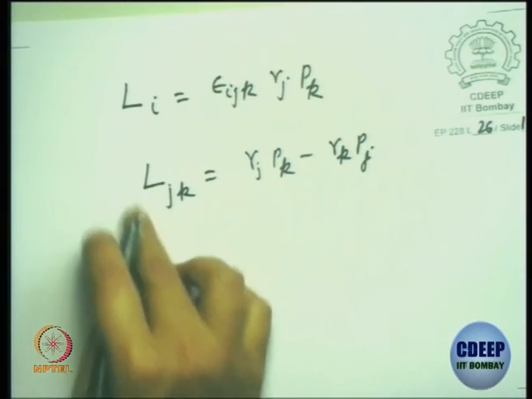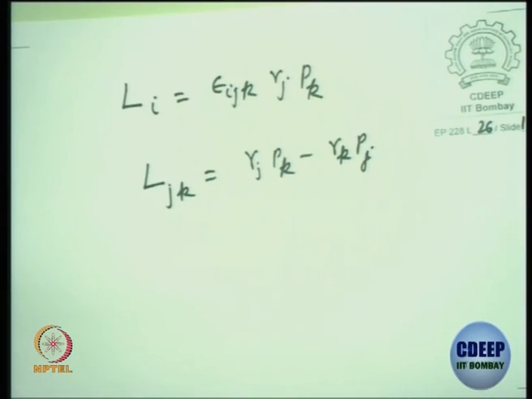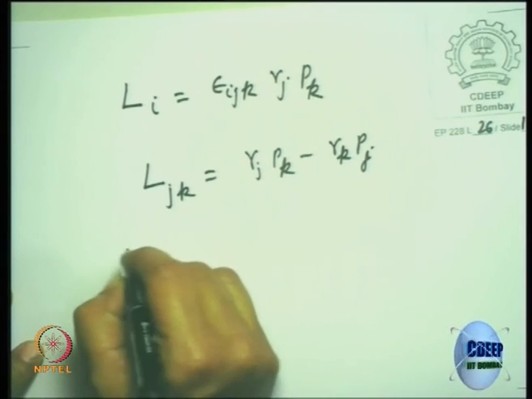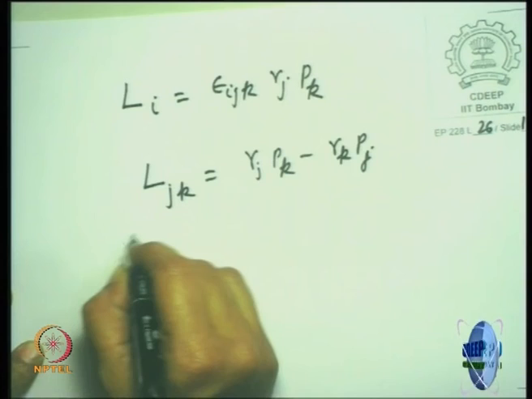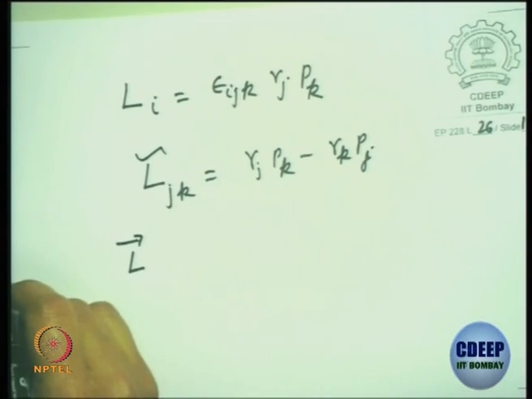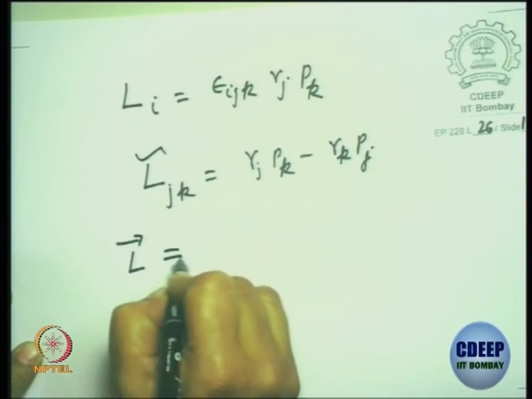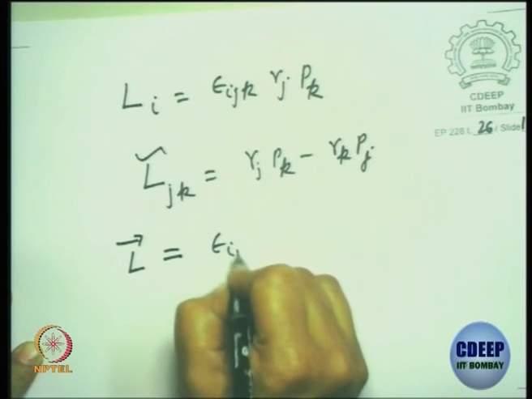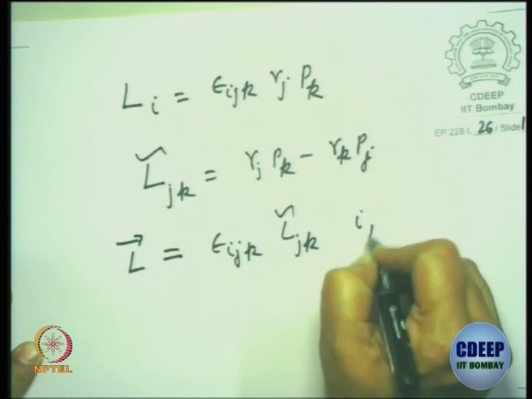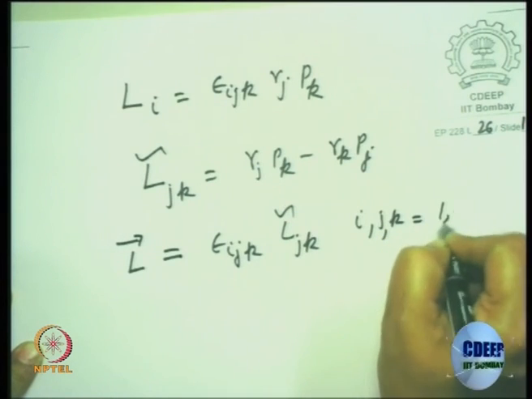Let us do that as a rotation in the jk plane. And now we will call the actual angular momentum vectors, with which you are all familiar, L, and the actual angular momentum is nothing but epsilon ijk L tilde jk, where i, j and k are 1, 2 and 3.